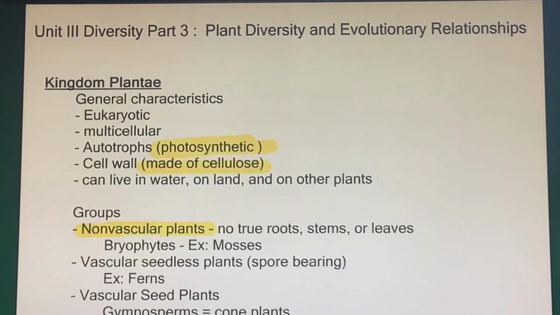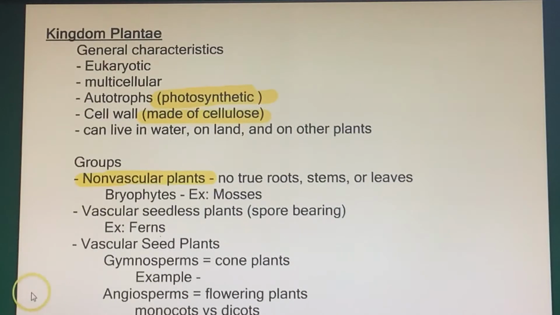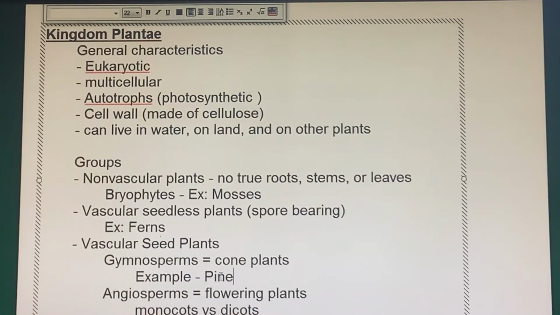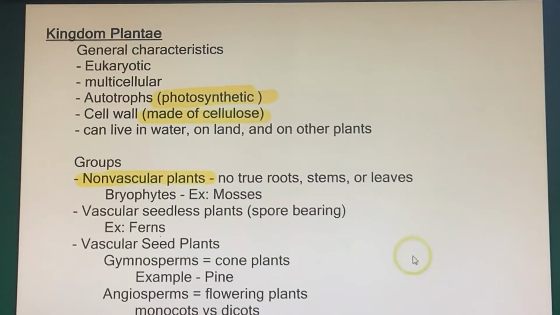And then we're going to look at the vascular seed plants. Within the vascular seed plants, we're going to break that up into 2 major divisions: the gymnosperms, which are typically cone-bearing plants, like a pine tree, and also the angiosperms, or the flowering plants. Within the angiosperms, we're going to divide it one step further into monocots and dicots.